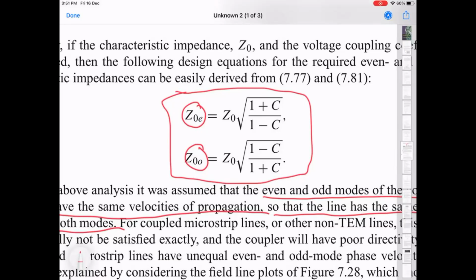And we said that it actually sees 100 ohms, right? This was 50 and this was 50. And we said that this system actually sees 100 ohms as a dissipation.